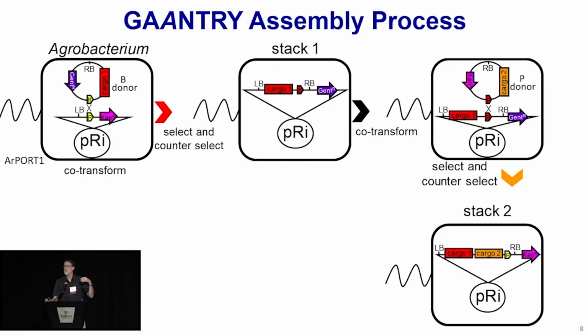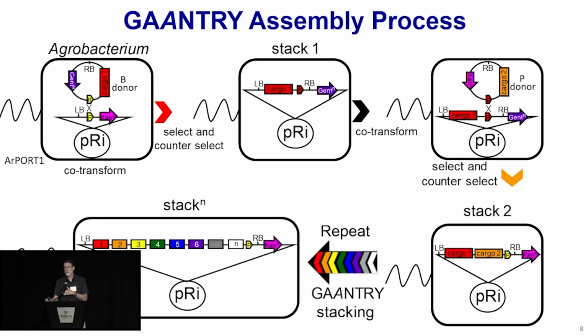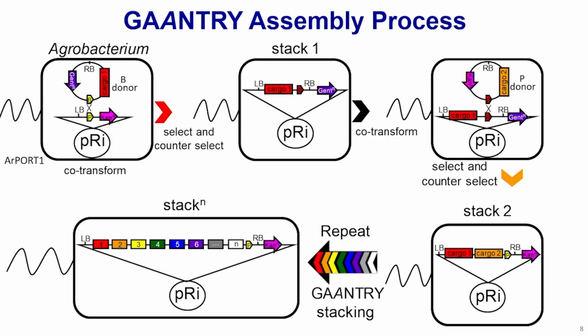And now it'll have both cargo 1 and cargo 2 sequences within the tDNA. And of course, if you're paying attention, we've now toggled back to kanamycin. And we've left behind an at site for another round of B donor entry into the system. So you can iteratively repeat this process as many times as you want to build a tDNA theoretically as large as you want with as much cargo as you want.